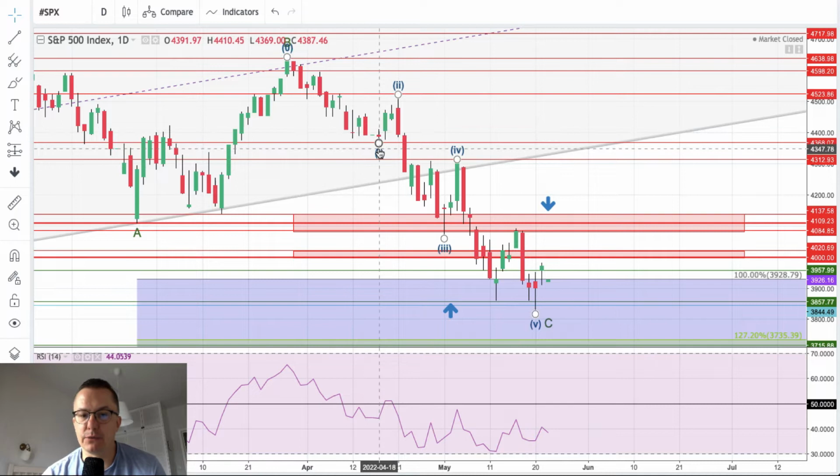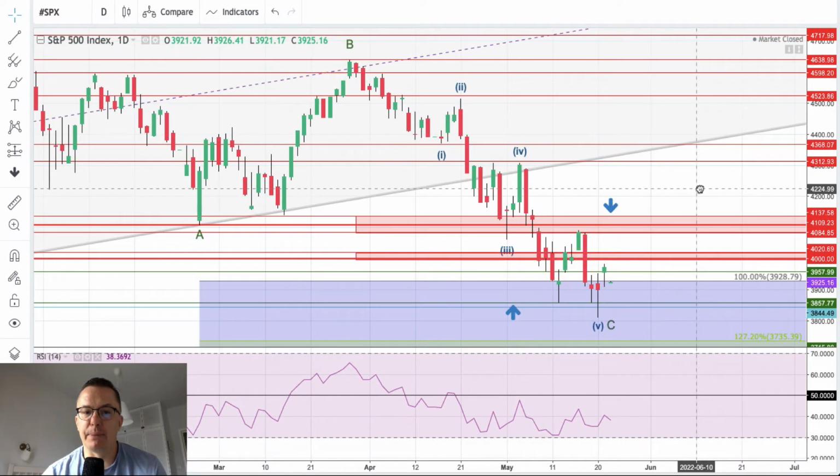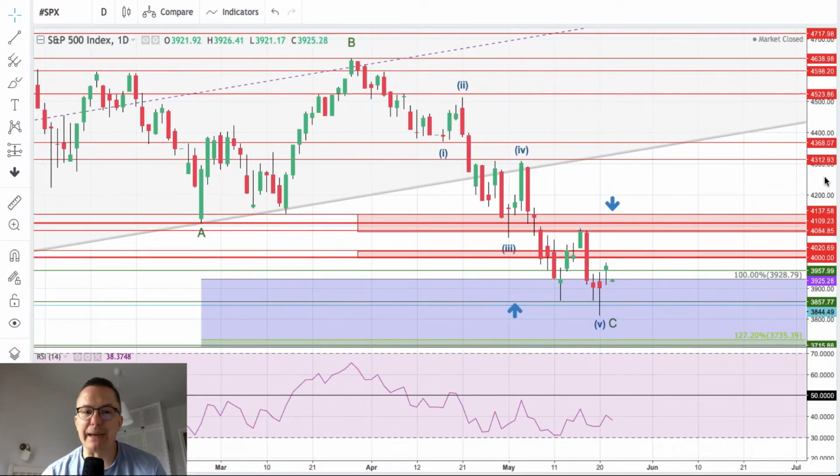Every time the market wants to bounce, as you can see here, there is a bearish engulfing pattern following this bounce. So this is definitely time for bears, and the bears are putting pressure on the S&P 500.